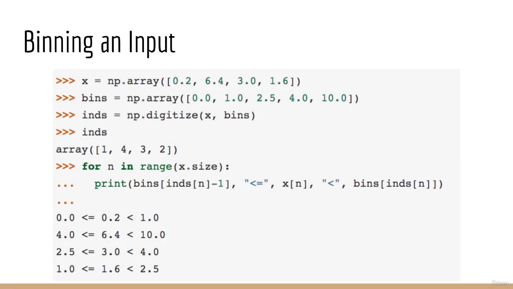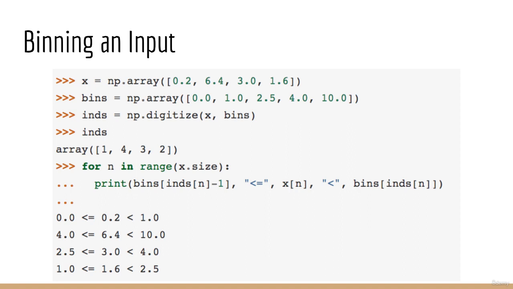So that's the theory, but how do we implement this in code? Let's start with the easy part, and then we'll get to the hard part. If we know the boundaries of our bins and we have some value, how do we determine which bin it belongs to? NumPy has a function that does exactly this, called digitize. Here's an example from NumPy's documentation. We can see that the bins variable defines the boundaries of the bins.